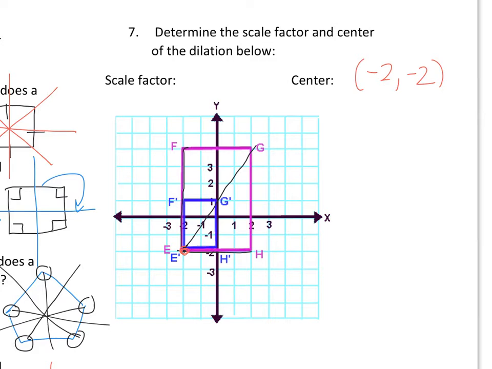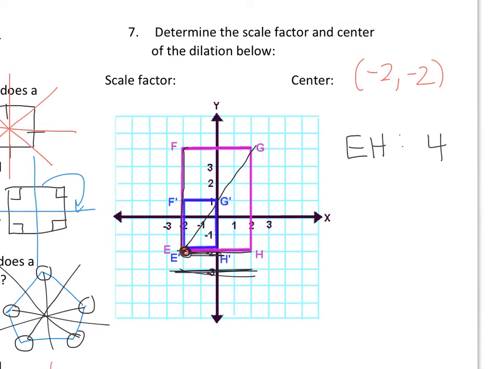So for the scale factor, I'm going to compare the distances between the center of the dilation and the pre-image to a new point on the image, or image to pre-image. So let's look at EH. The distance between EH is 1, 2, 3, 4. This distance is 4.